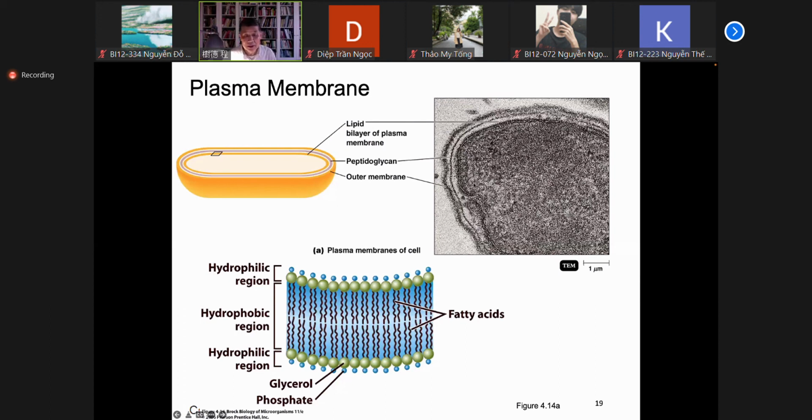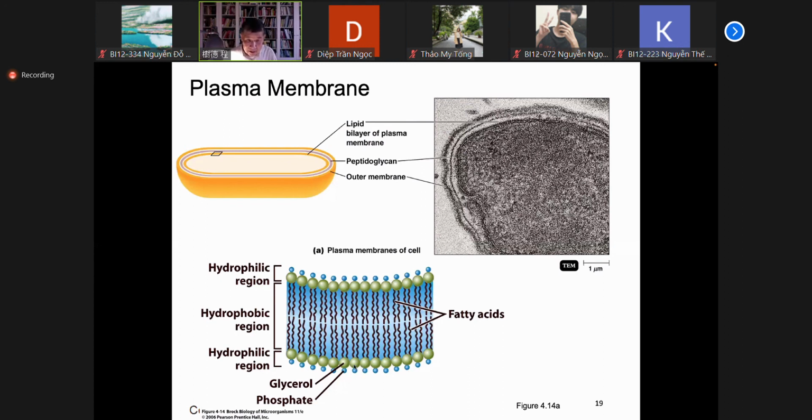Let me first introduce the structure of this inner plasma membrane. You have learned in introductory biology that this is called the unit membrane, the lipid bilayer. This is very important because this lipid bilayer is two layers of molecules, and one is facing outside, and one is facing inside.